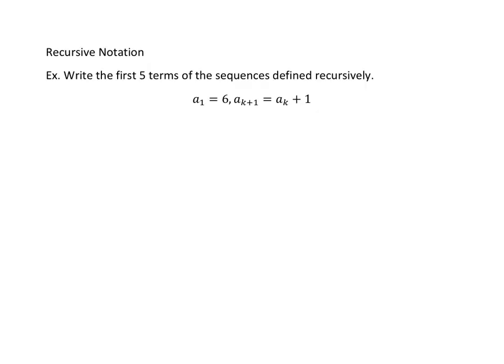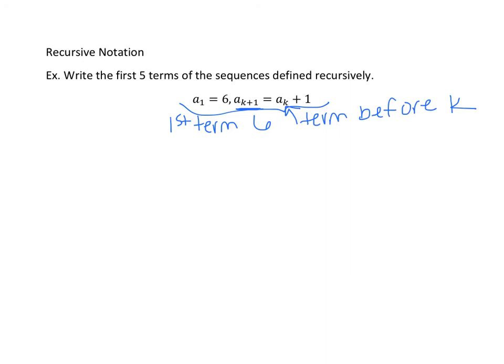Okay, a little bit of talk about recursive notation. First of all, what this is giving you right here, this is saying that your first term is 6. K plus 1, so that's taking the next term. This would be the term before K. So I take the term before and add 1.